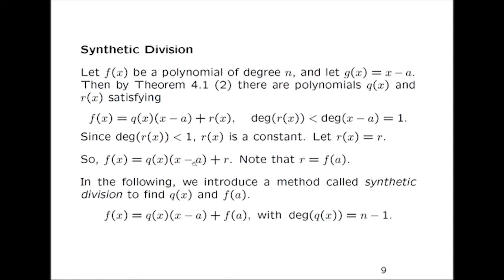Okay, x minus a is a polynomial of degree 1. You can find this quotient q of x, and you can have a remainder which is a constant. So you can write a polynomial in this way. So the method we are going to introduce is a way to find out q of x and r if f of x and a are given.